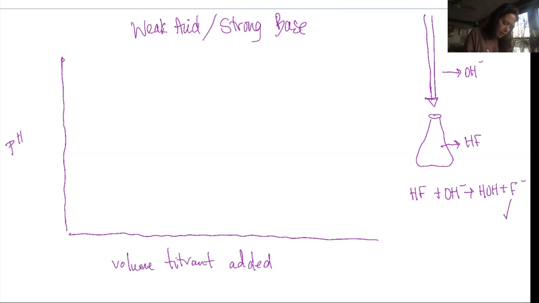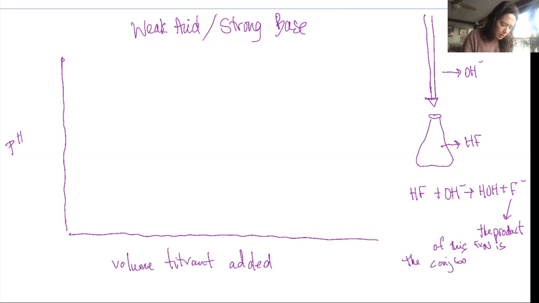The product of this reaction, unlike up above where it was chloride ion, is the conjugate base of a weak acid and therefore participates in equilibrium.